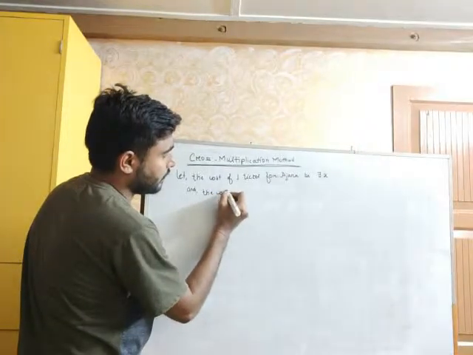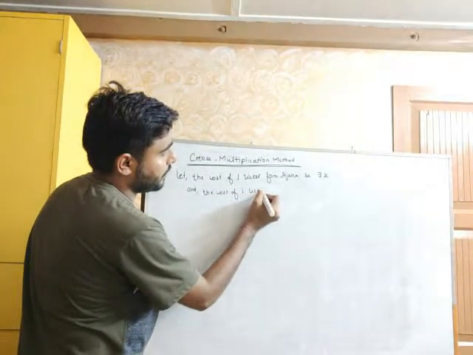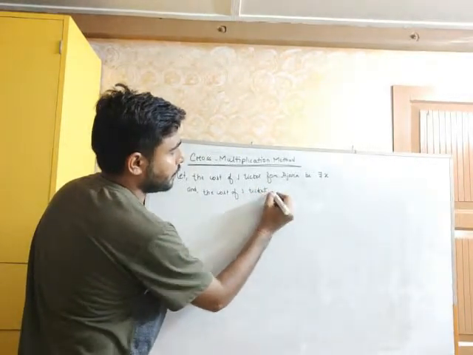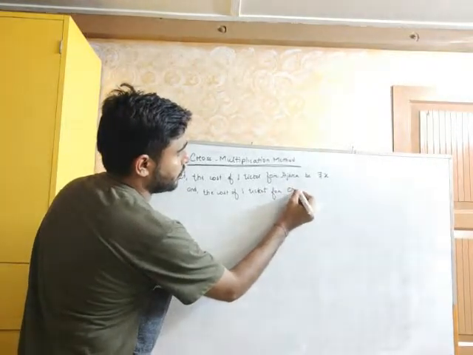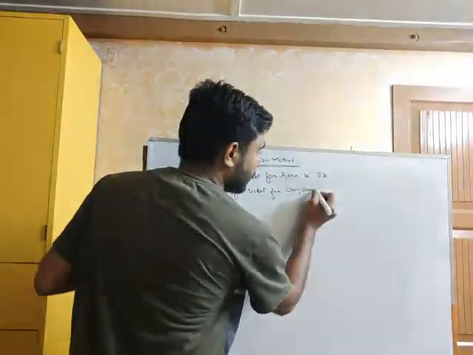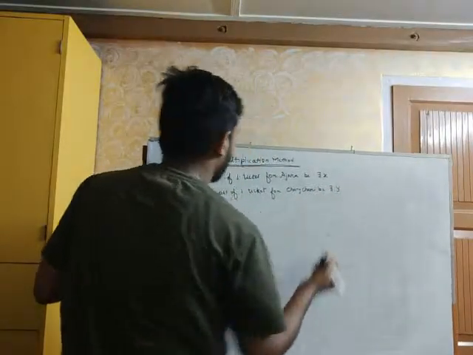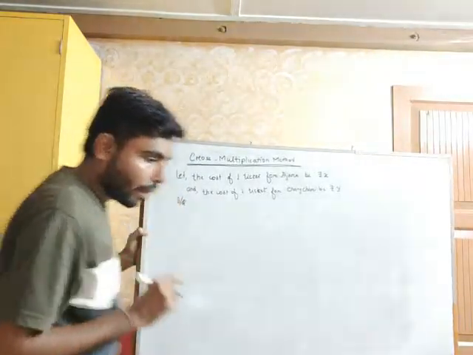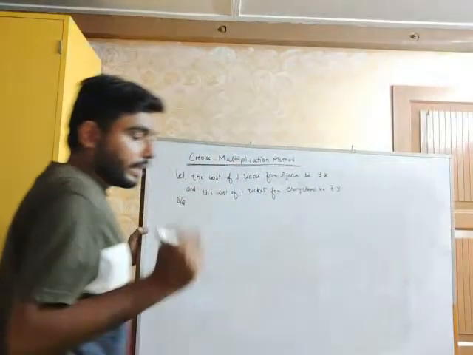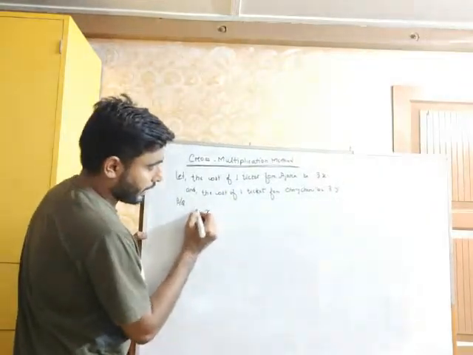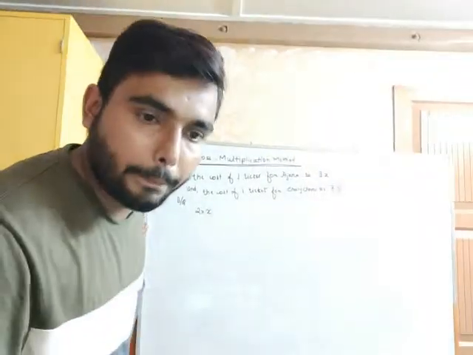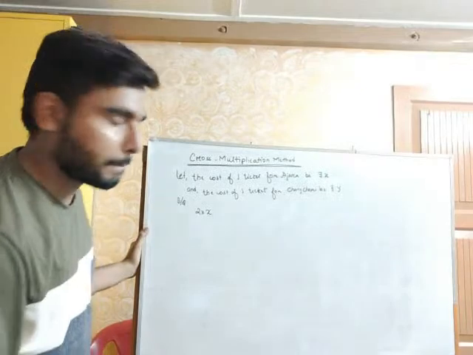And the cost of one ticket for Changsari be rupees Y. So what are the conditions now? If we buy two tickets to Ajara, for one ticket there is X, so two tickets will be 2 into X. Here, can you see the board clearly, everyone?